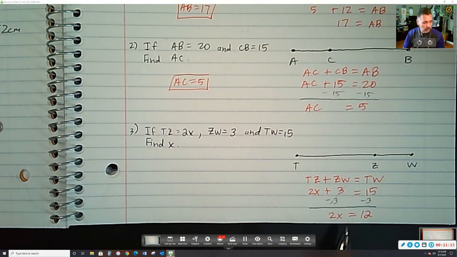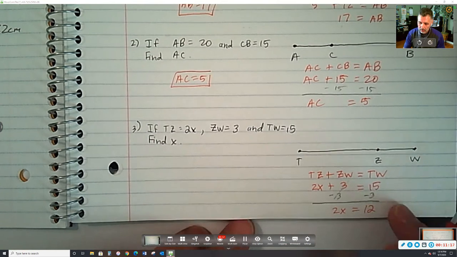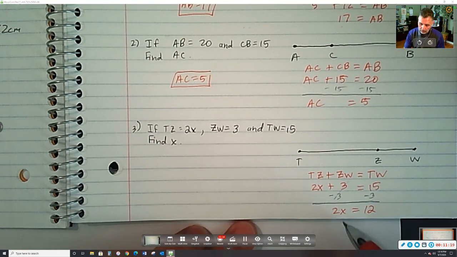And then I did run out of room here. But the next step would be divide by 2, divide by 2. And then the 2 divided by 2, you get 1. And then that's x equals 6.